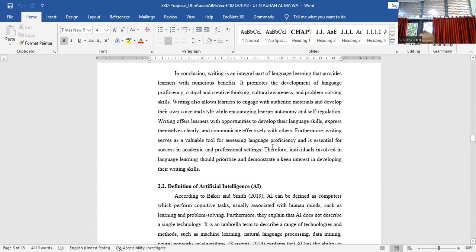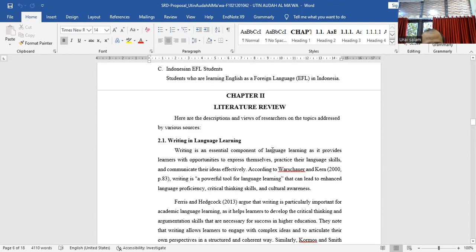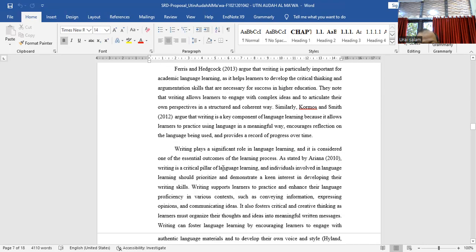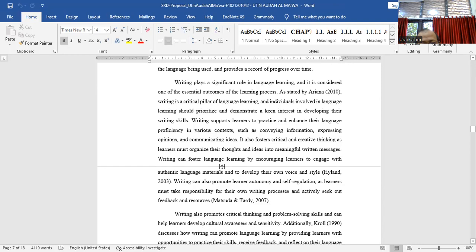So let's start again from the top, I mean the literature review. You start from AI for writing, and then underneath you can talk about the definition of AI, its nature, and how AI can be helpful for learning and so on.